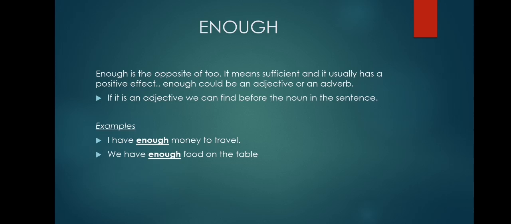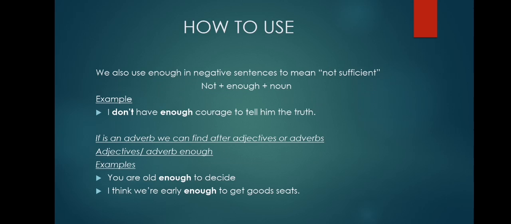So we have enough means that we have maybe a dish of rice, meat, vegetables, and it's enough food because it's only what we need, right? Okay. How are we going to use it? We also use enough in negative sentences to mean not sufficient.